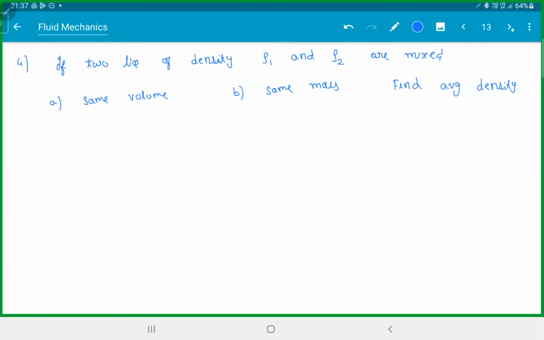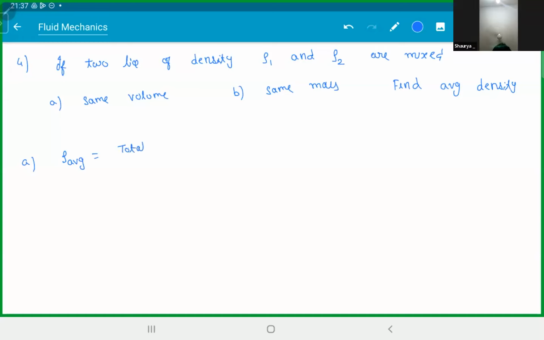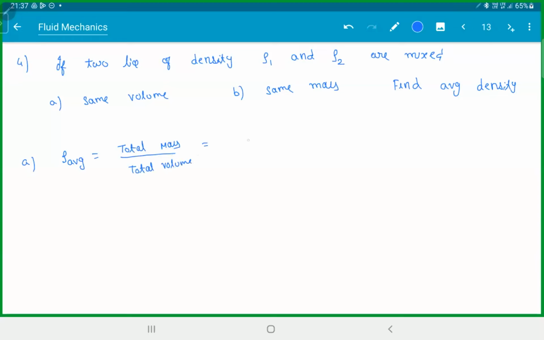What is the first one? What is the average density formula? Anyone? What is the density formula? Mass by volume. So what is average density? Total mass by total volume, right? So first case, mass will be ρ1v plus ρ2v by 2v.